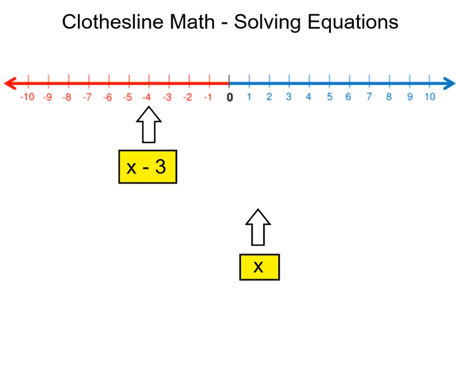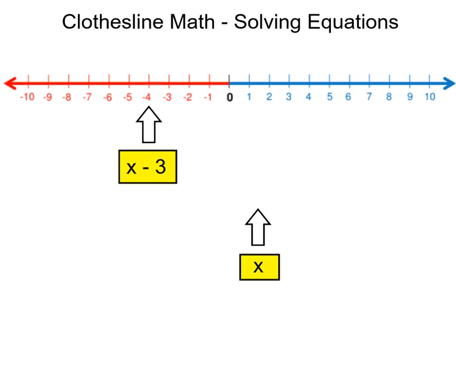Let's look at another one. Now this one has subtraction, so we have to think about it for a second. If x minus 3 is -4, where would x be? Would x be bigger than that answer, or smaller? Hopefully you're thinking x needs to be bigger than x take away 3, right?